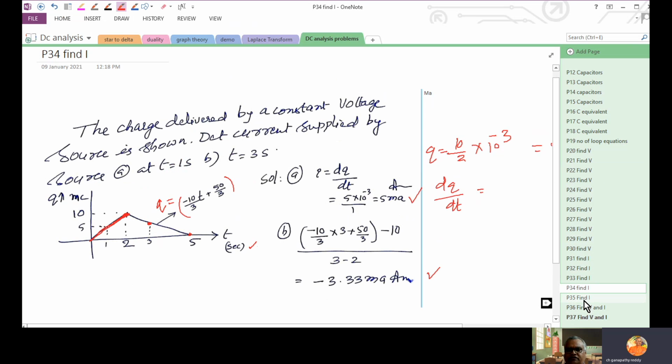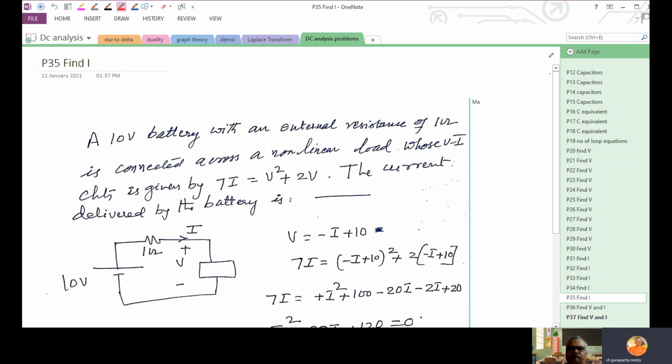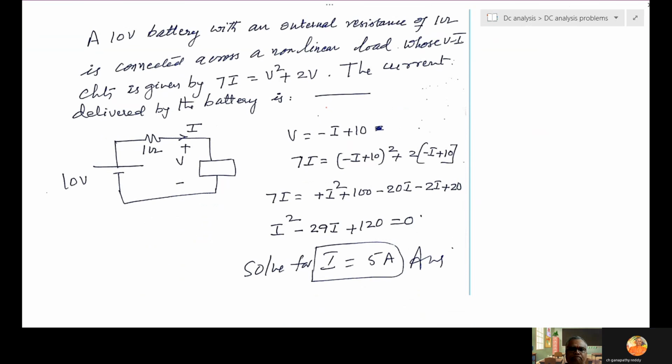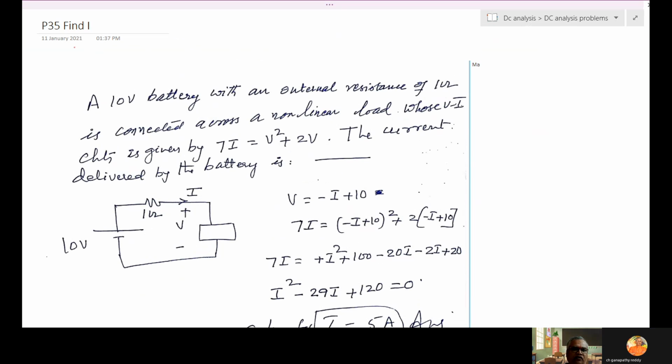Every problem will teach some basic concepts. A 10 volt battery with an internal resistance of 1 ohm is connected across a nonlinear load whose VI characteristic is given by 7I equal to V square plus 2V.